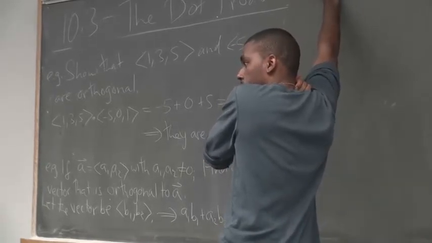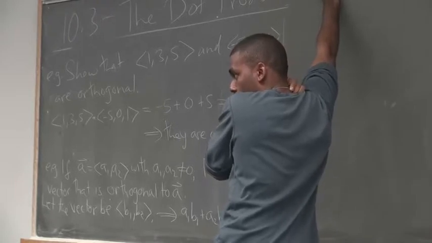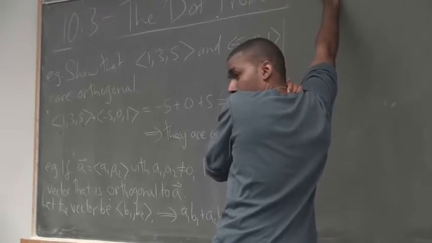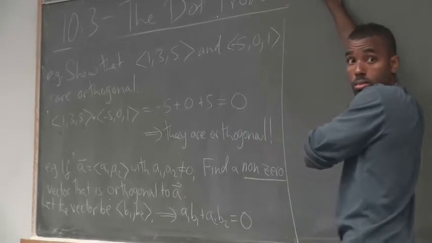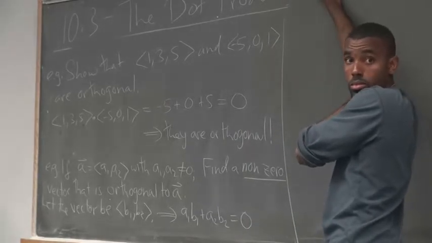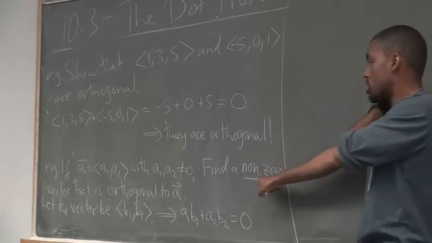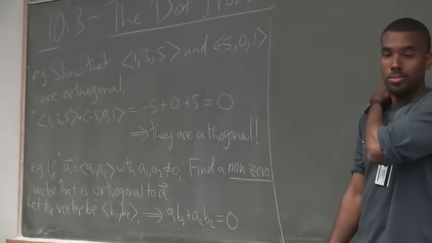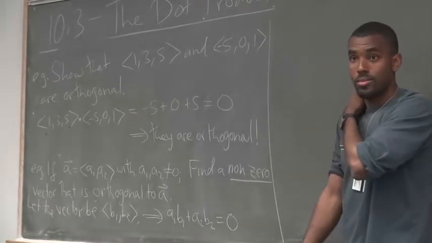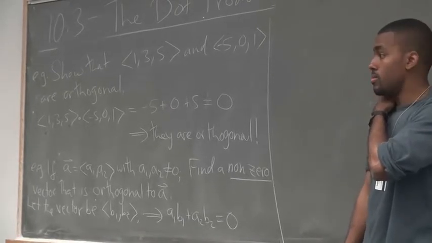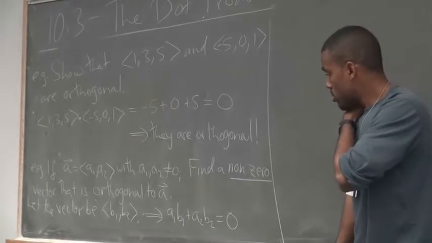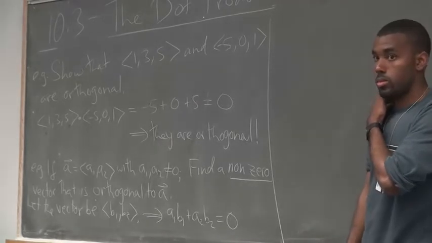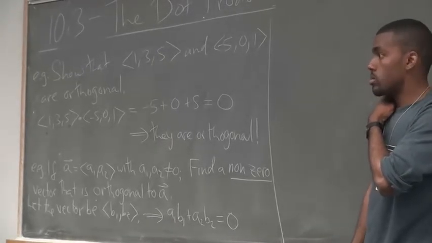Can it be A1 equals 0 and B2 equals 0? No, I asked for a non-zero vector. But we can have one component of each be 0? No. If it's just on the x-axis, it's not a non-zero vector.